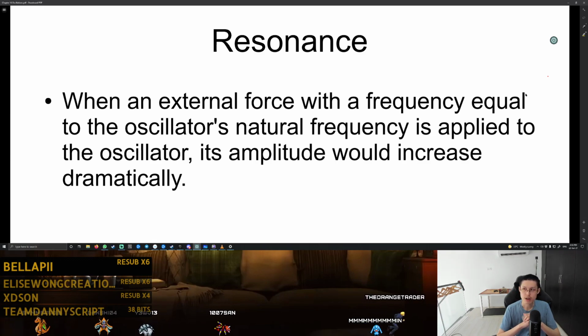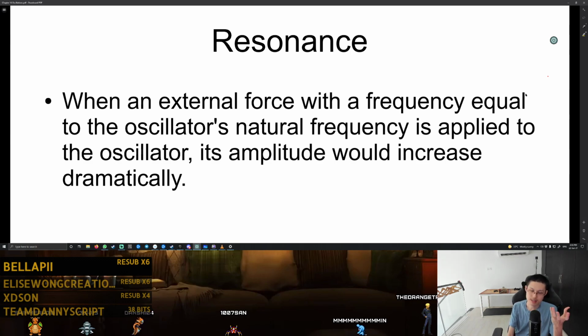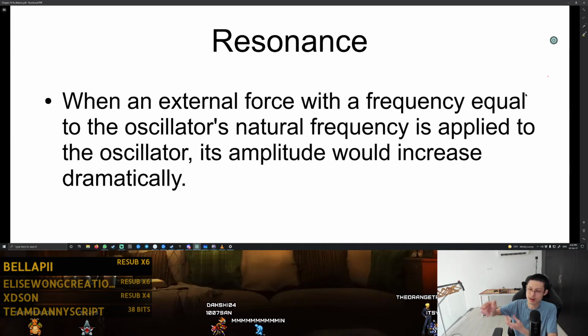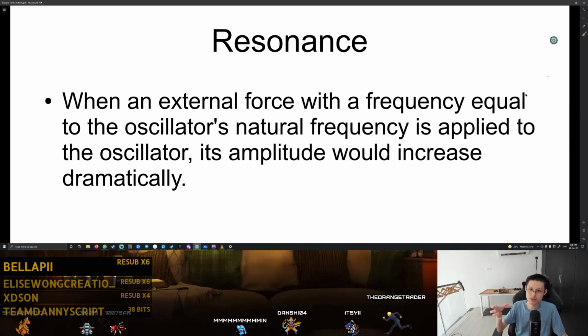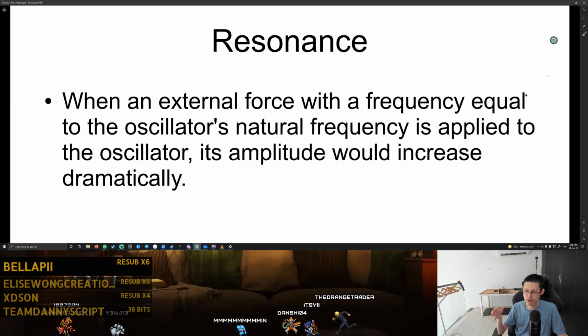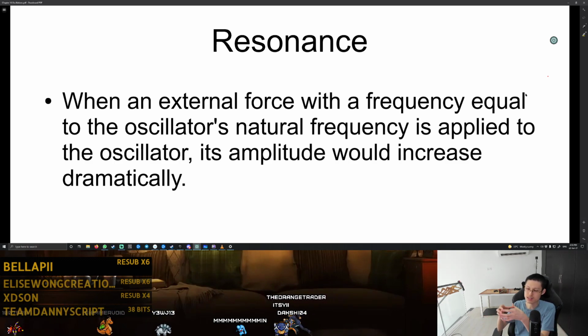Another instance of resonance is when you have a wine glass and you move your thumb over the wine glass, and the wine glass starts to sing a little. If you look really closely, you see that the wine glass is actually oscillating.